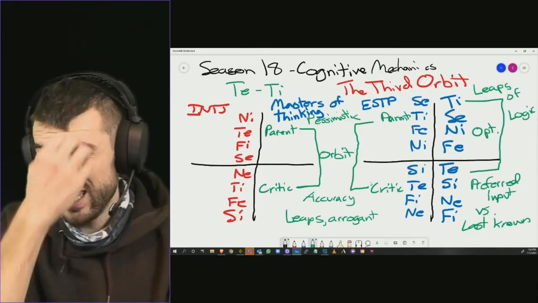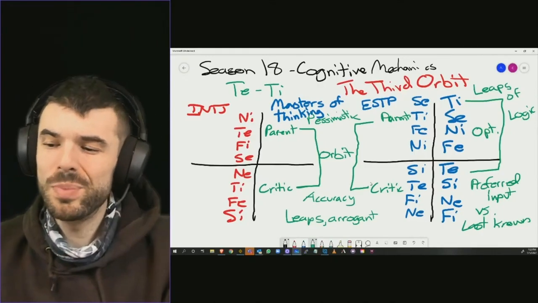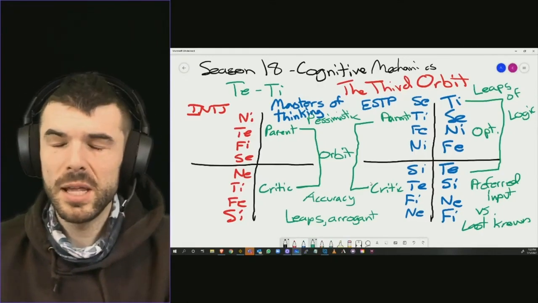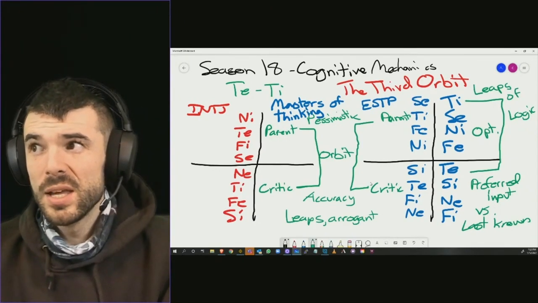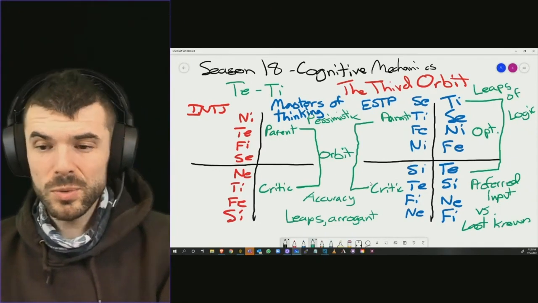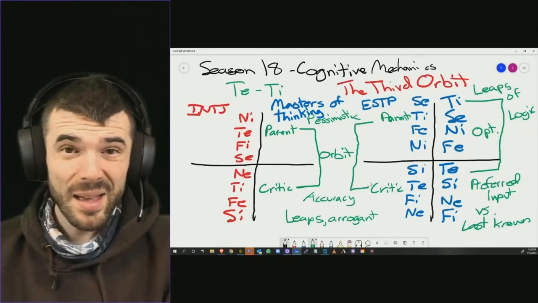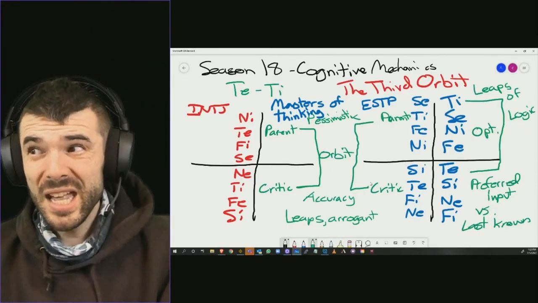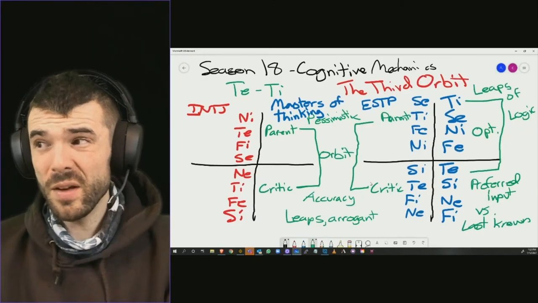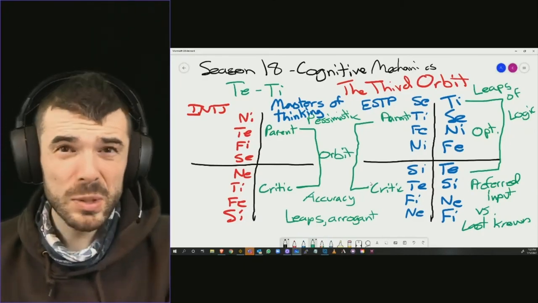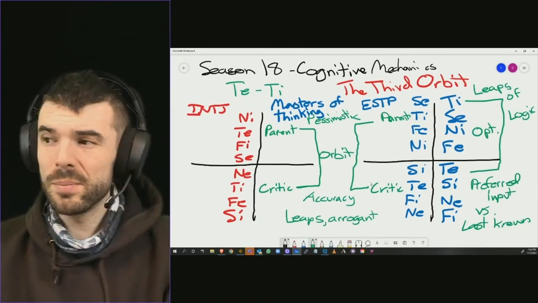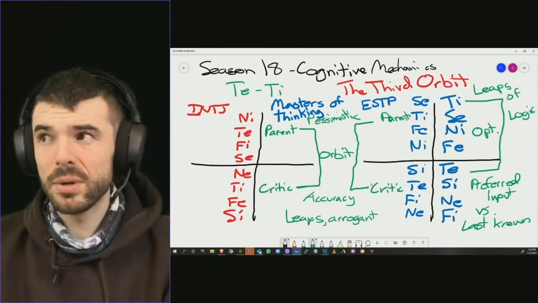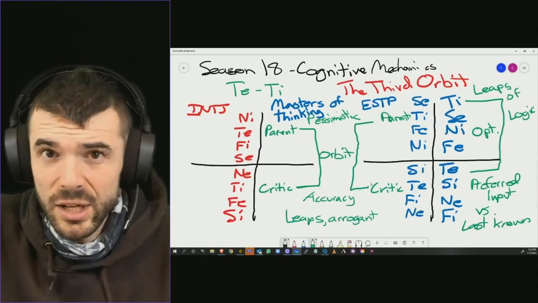It becomes way too accustomed to being the hero, and oftentimes this causes the TI Hero to jump to conclusions. But a TI Parent, the ESTP, is not going to jump to conclusions as often. The TI Parent is more responsible and relies less on preferred input, or less on last known input, compared to a TI Hero.